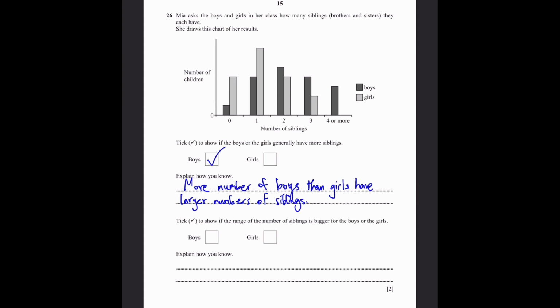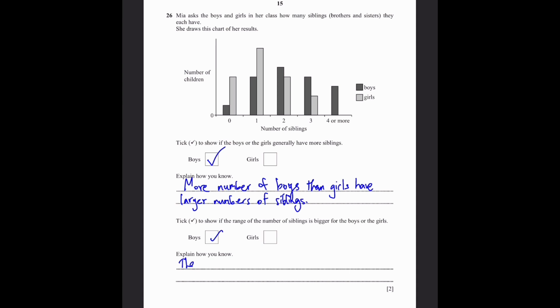Now tick to show if the range of the number of siblings is bigger for the boys or the girls. This one, the answer is also the boys. Because we see boys have 4 or more, girls do not. Boys and girls both have 0 siblings. So for boys, the larger number is going to be greater. For girls, it's going to be 3 only. For boys, it'll be somewhere 4 or even more than that.